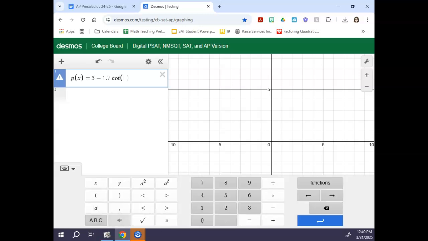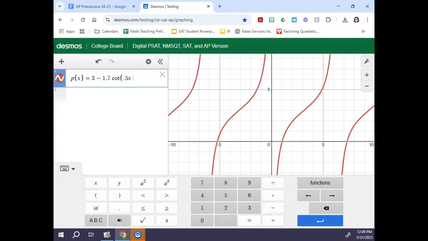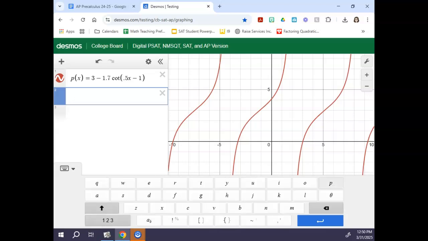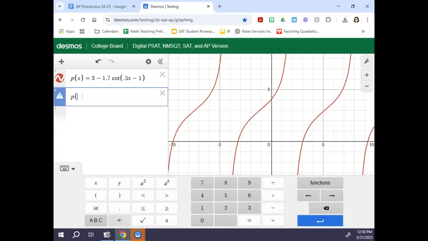Cotangent of, then 0.5x minus 1. Okay. So I have it exactly like it's on there, P of X and everything. Then I also need P of X to equal 2. So I'm also going to type in P of X equals 2.